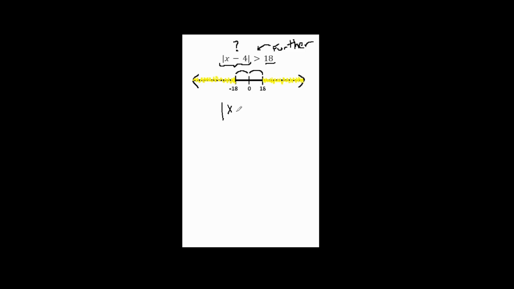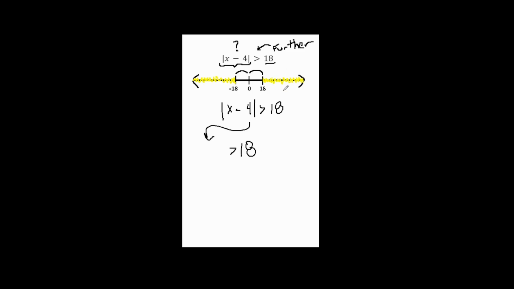Let's start by re-expressing our problem. Absolute value of x minus 4 is greater than 18. Let's consider the positive situation first. Let's consider positive 18. Well, how would we represent all of the numbers shaded in yellow here? Those numbers are going to be greater than 18. So I know that something is going to be greater than 18.